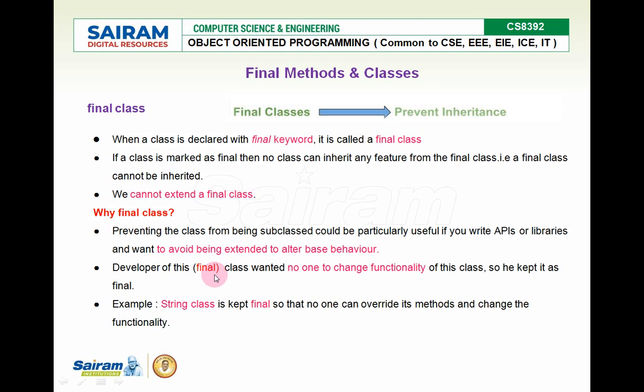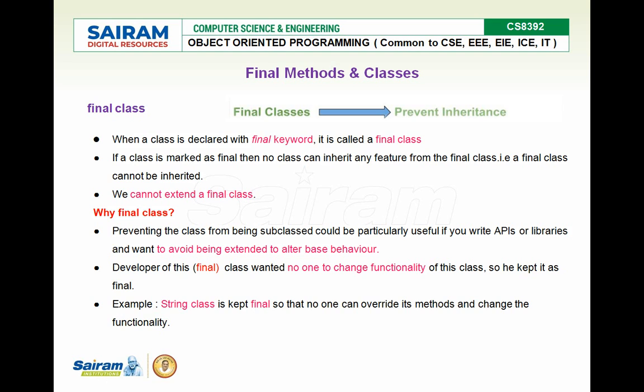Or the developer of this class wants no one to change the functionality of the class, so he kept it as final. If the developer keeps it as final, it is never subclassed and no one changes the base class properties. For example, the String class, available in the lang package, is kept as final because it is not allowed to change the functionality of the String class, as all the methods are already defined.